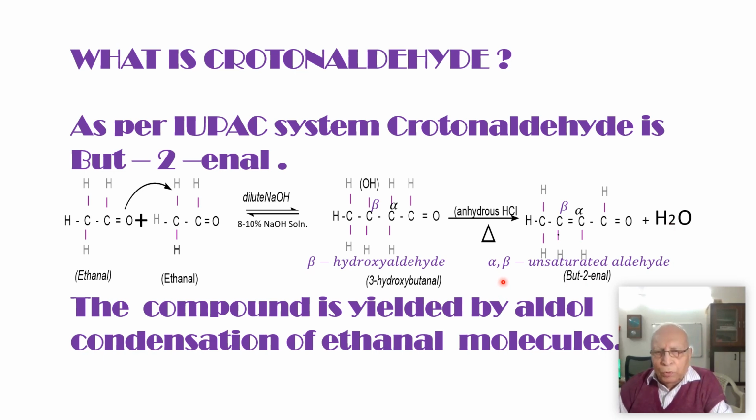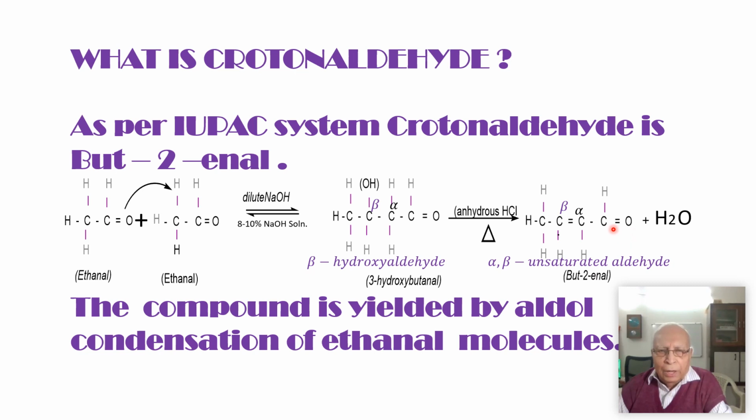Now, this but-2-enal is also known as an alpha-beta unsaturated aldehyde, and this alpha-beta unsaturated aldehyde is crotonaldehyde. The common name of but-2-enal in the alpha-beta-gamma system of nomenclature is crotonaldehyde. There has been a system of nomenclature using alpha, beta, gamma, starting from the carbon atom attached to the functional group.